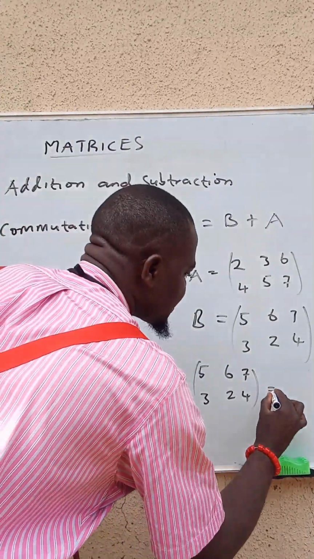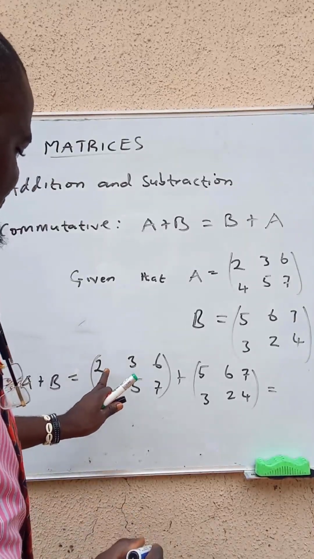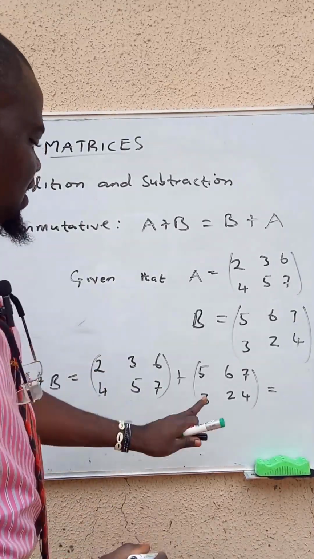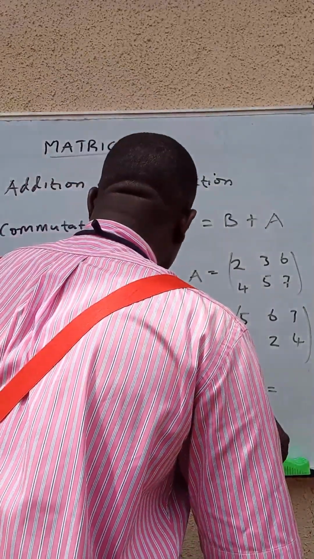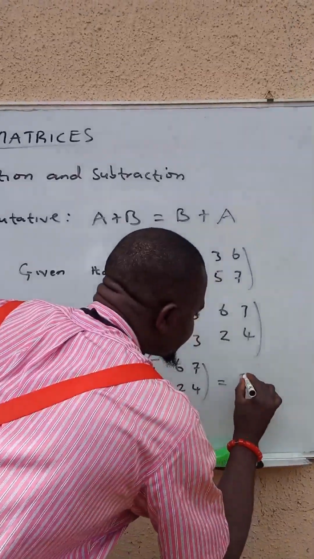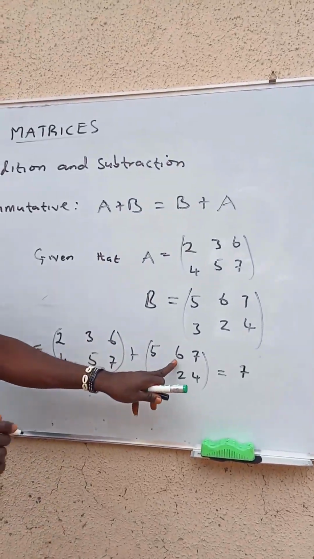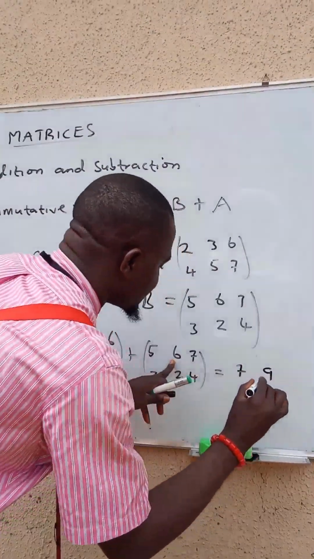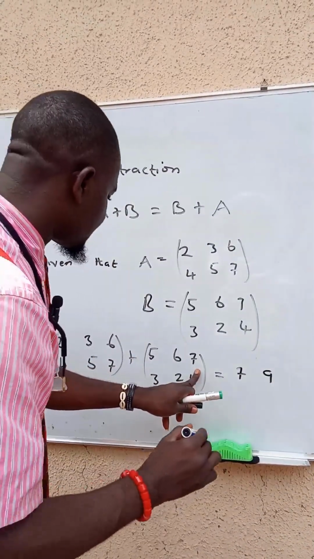So what will I have? The addition says that I'll take the first element of A and the first element of B. So I have 2 plus 5, which is 7. 3 plus 6 is 9. 6 plus 7 is 13.